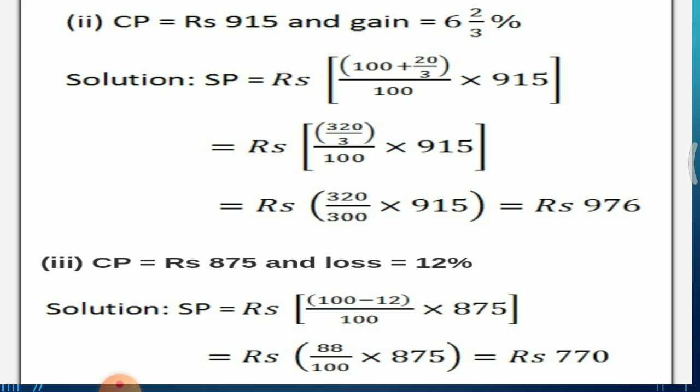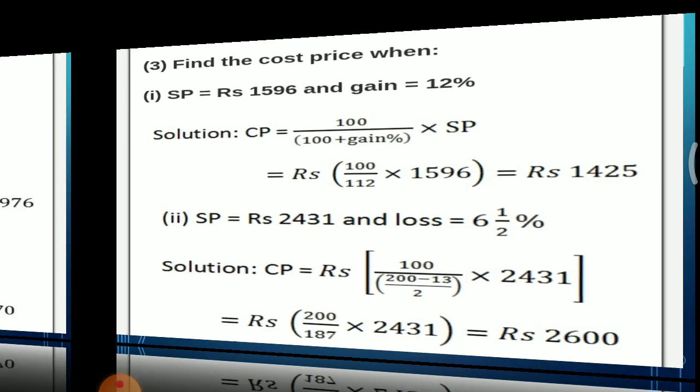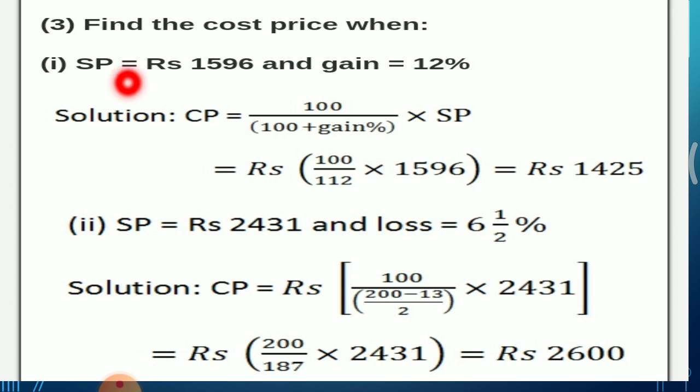Next question is that find the cost price when selling price is equal to 1596 rupees and gain equal to 12%. So the formula of cost price is equal to 100 by 100 plus gain percent multiple SP.